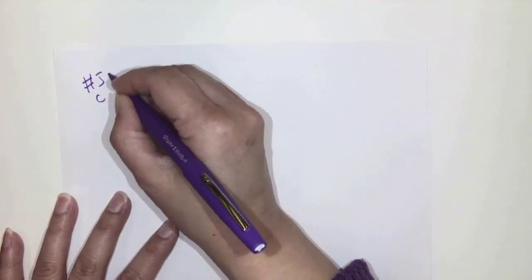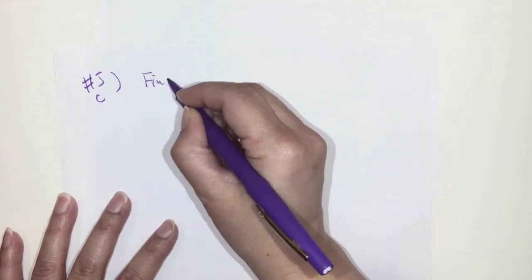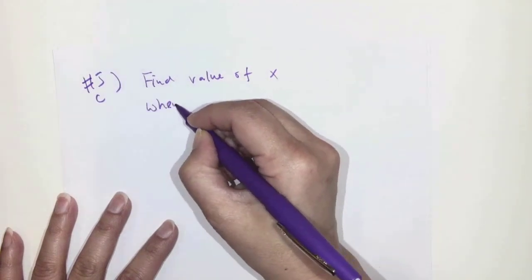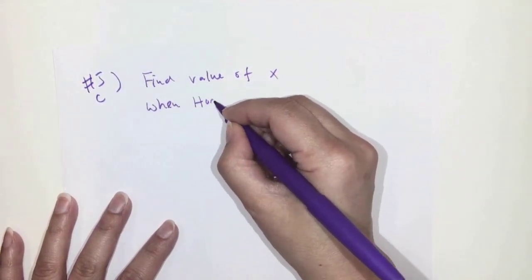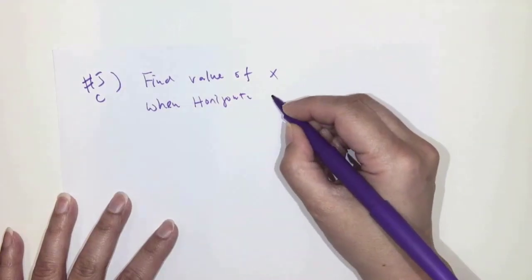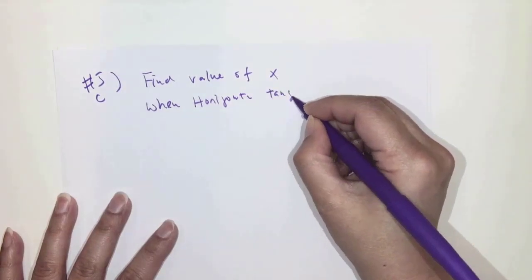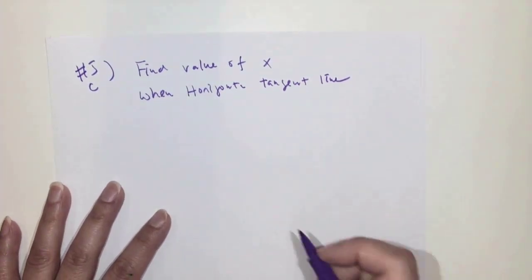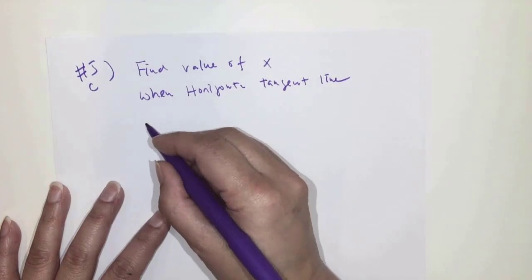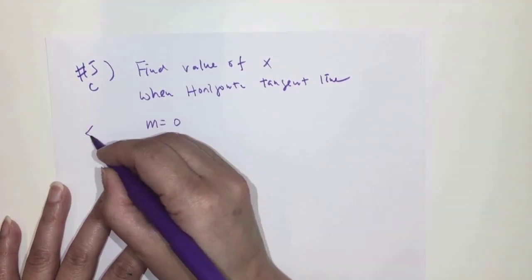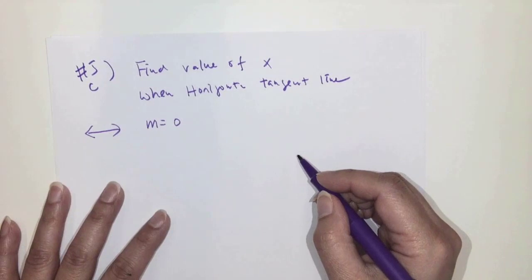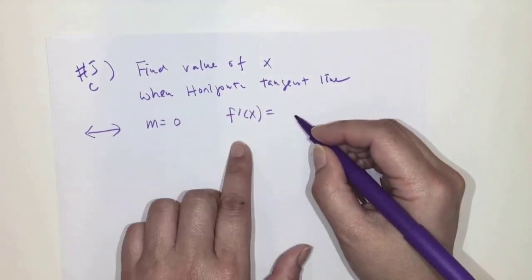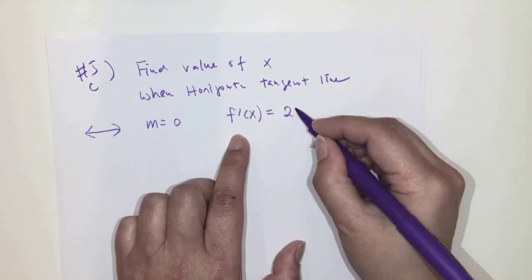Okay, number 5c, we need to find the value of x when you have a horizontal tangent line. So what do we know about a horizontal line? It has a slope equal to 0. For a line that is horizontal, the slope will be 0. And we know f prime of x, the tangent line slope, is going to be 2x plus 5, right?